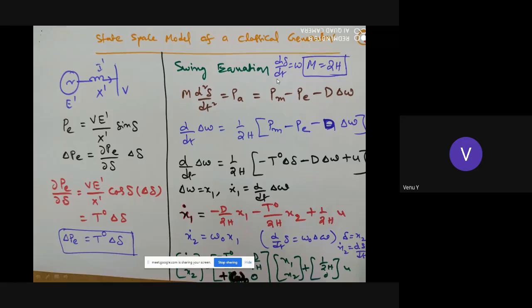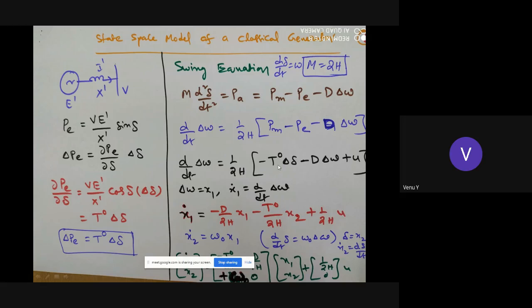So there is the swing equation: M d square delta by dt square equals Pa, that is equal to Pm minus Pe minus D into delta omega. Here I have used D in terms of delta omega. Now let us express d delta omega by dt equal to 1 by 2H into Pm minus Pe minus D delta omega.